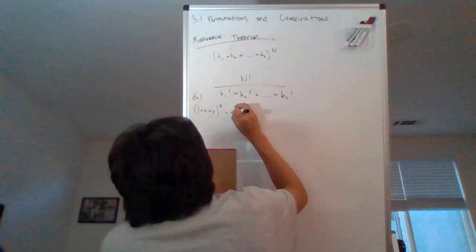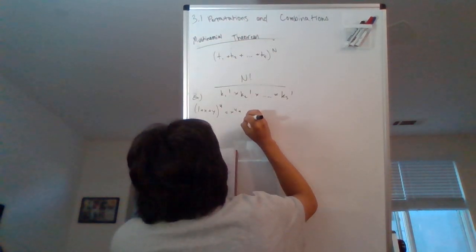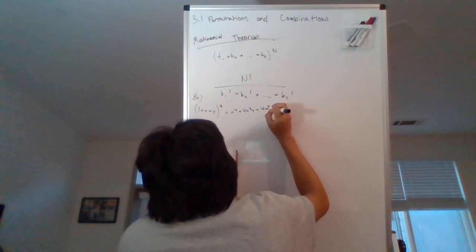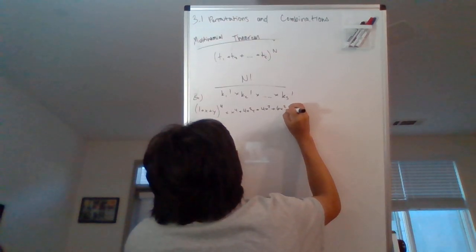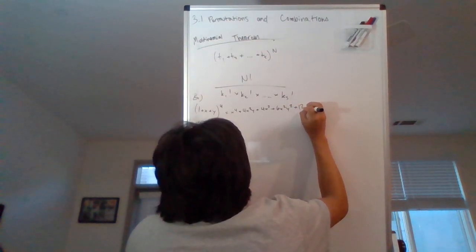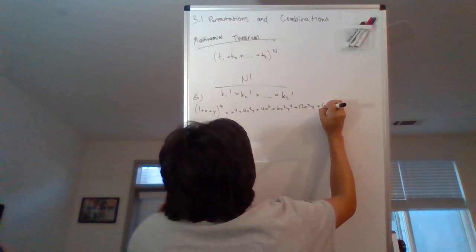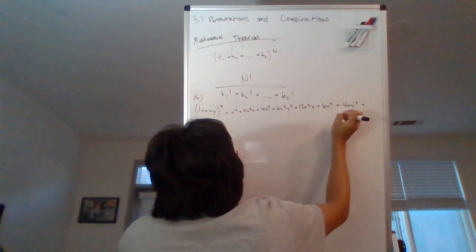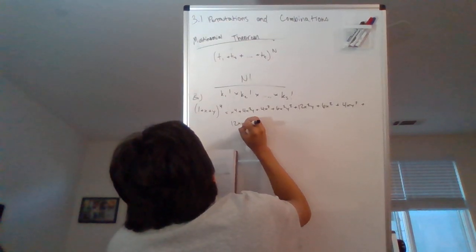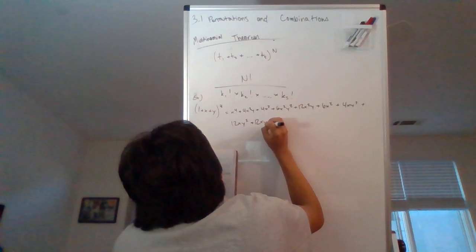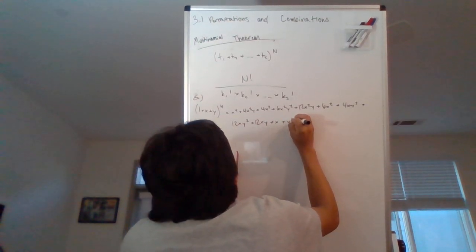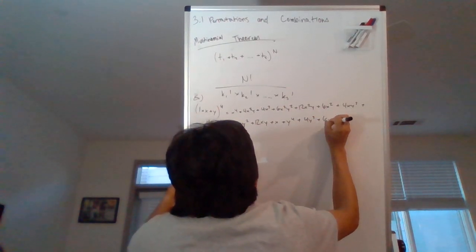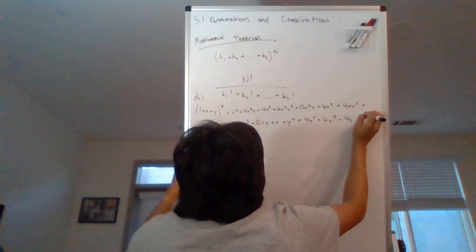It looks like this. x to the fourth plus 4x cubed y plus 4x cubed plus 6x squared y squared plus 12x squared y plus 6x squared plus 4xy cubed plus 12xy squared plus 12xy plus x plus y to the fourth plus 4y cubed plus 6y squared plus 4y plus 1.